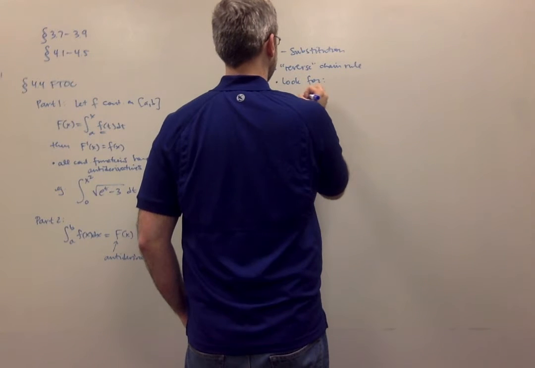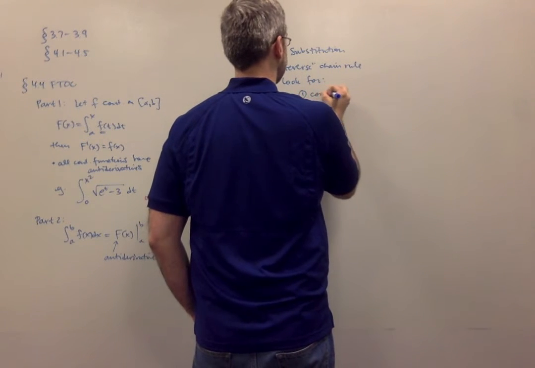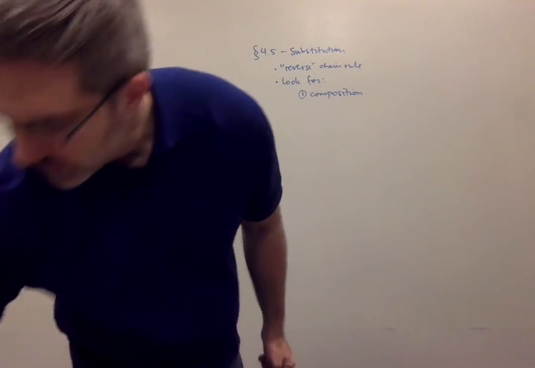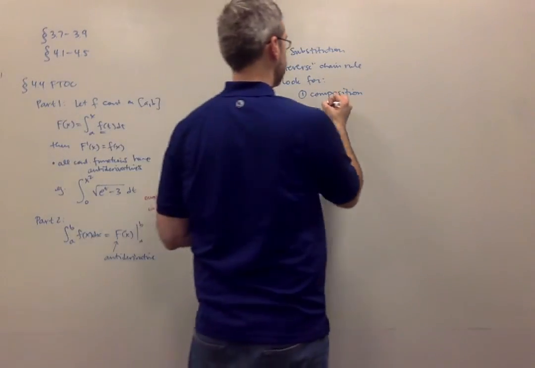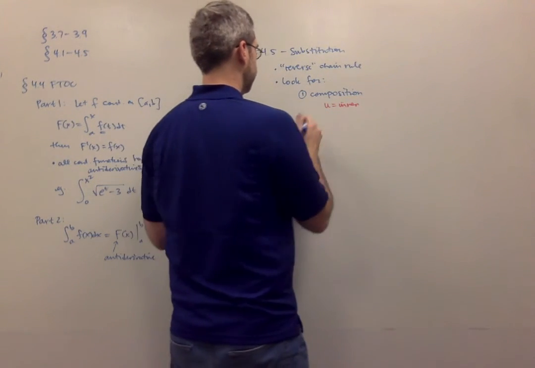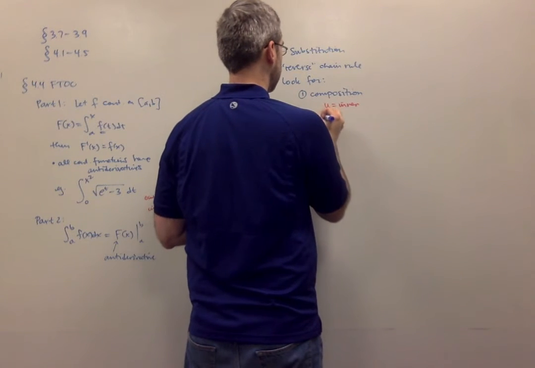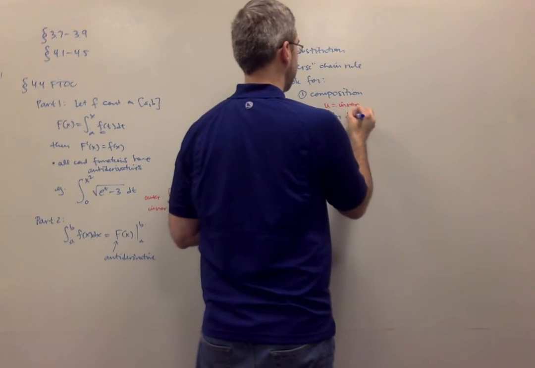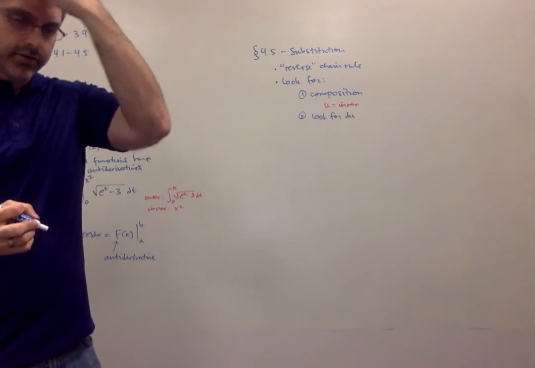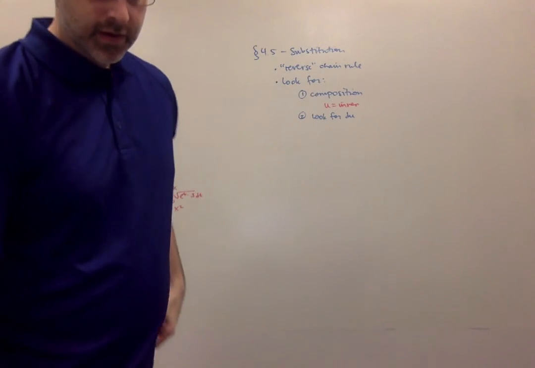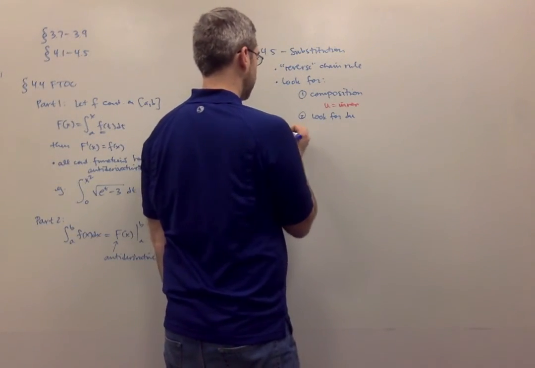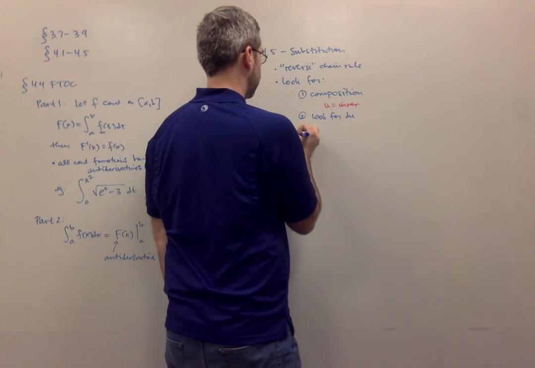You're either looking for composition, and when that happened, we would let u equal the inner function, or we would look for the du. What we meant by that was look for something that's a derivative of something else in the integral.